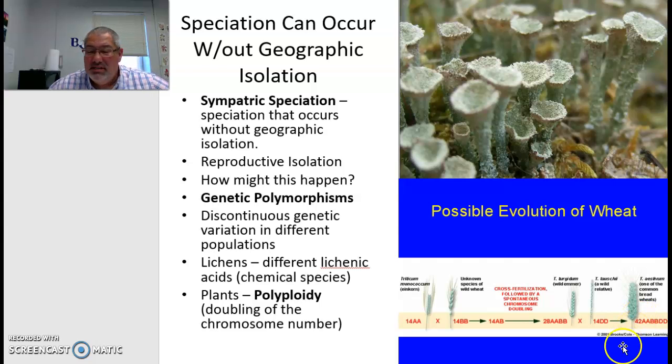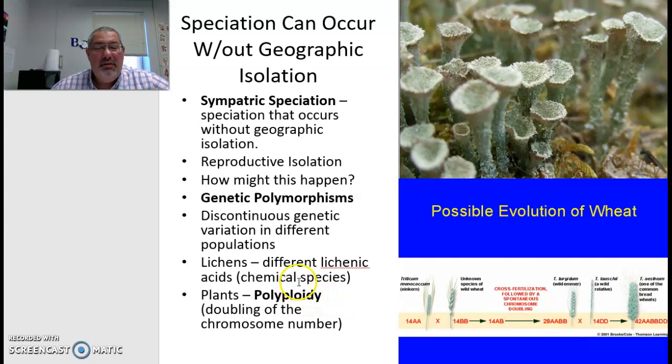But bread wheat is a polyploid that developed from two ancestral species that formed a hybrid that was sterile and had 21 chromosomes, and bread wheat doubled its chromosome number from 21 to 42 and became a sexually reproducing species. So polyploidy is considered a means of forming a new species within the geographic range of an original or several original populations.